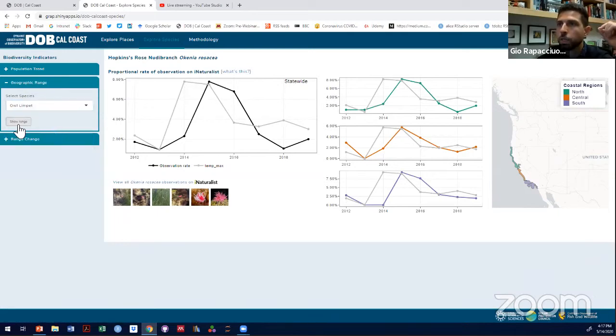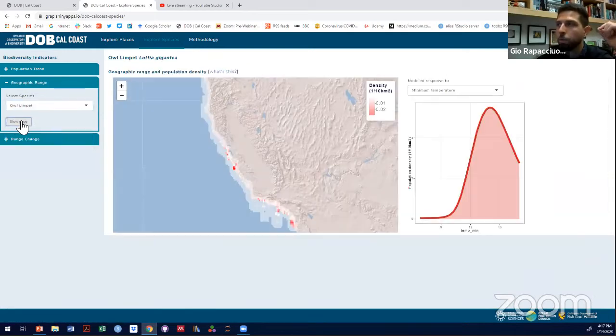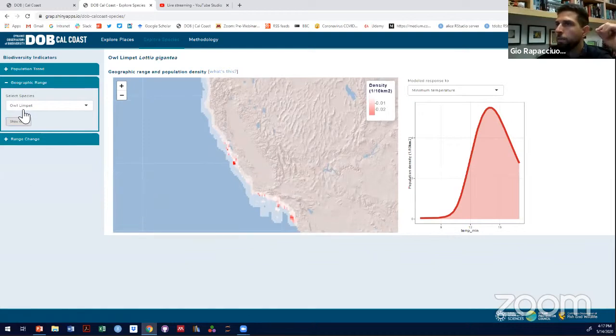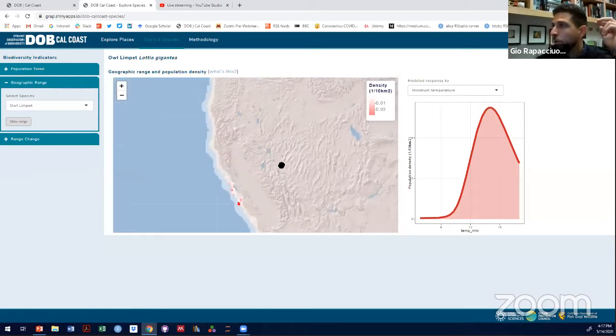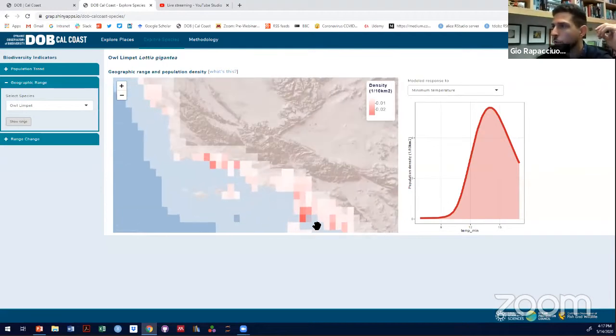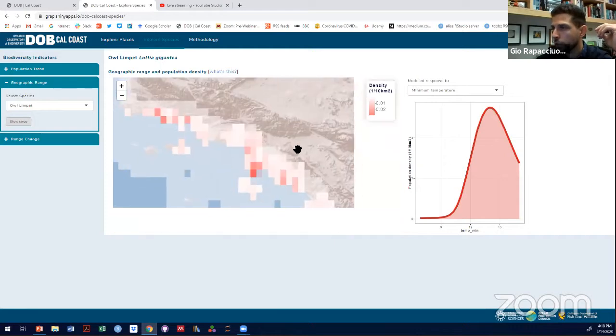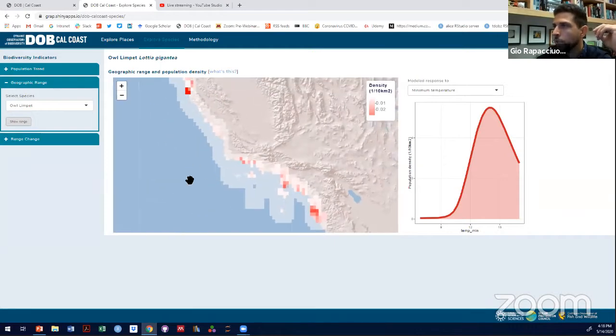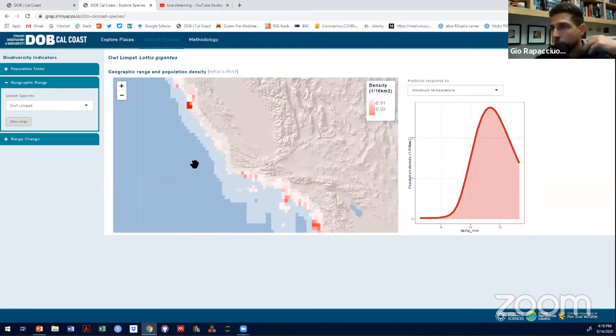So here we can have a look at the owl limpet, for example, which we didn't have time to look at earlier. And for the geographic range, make sure you hit show range here after selecting it. There's two basic outputs here. The first one is a map of density over 10 kilometers squared grid cells across the coast. This is the model output.